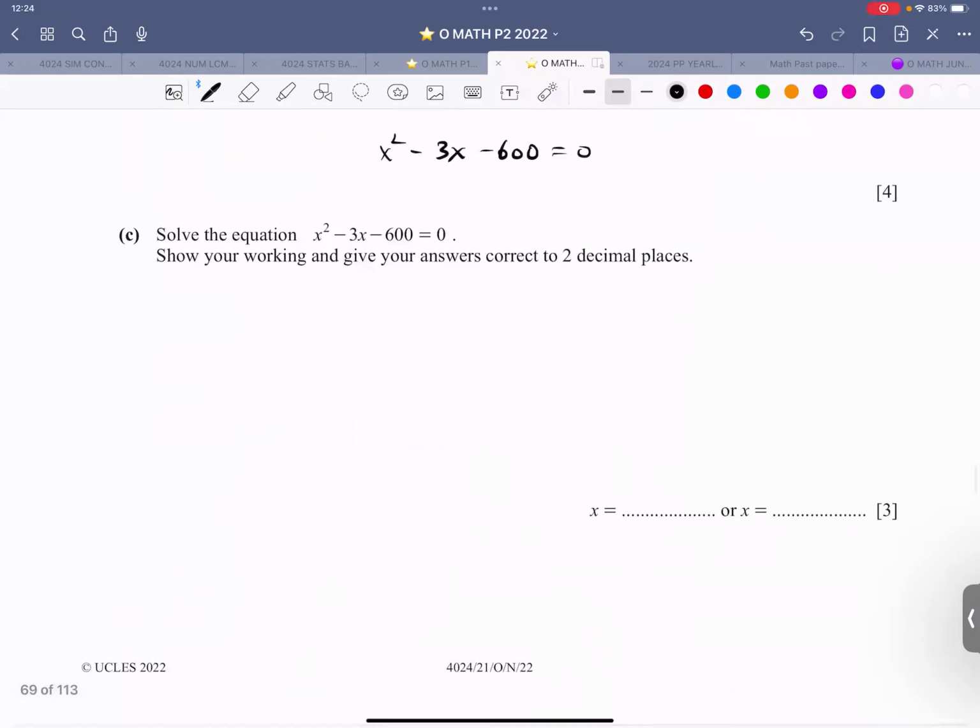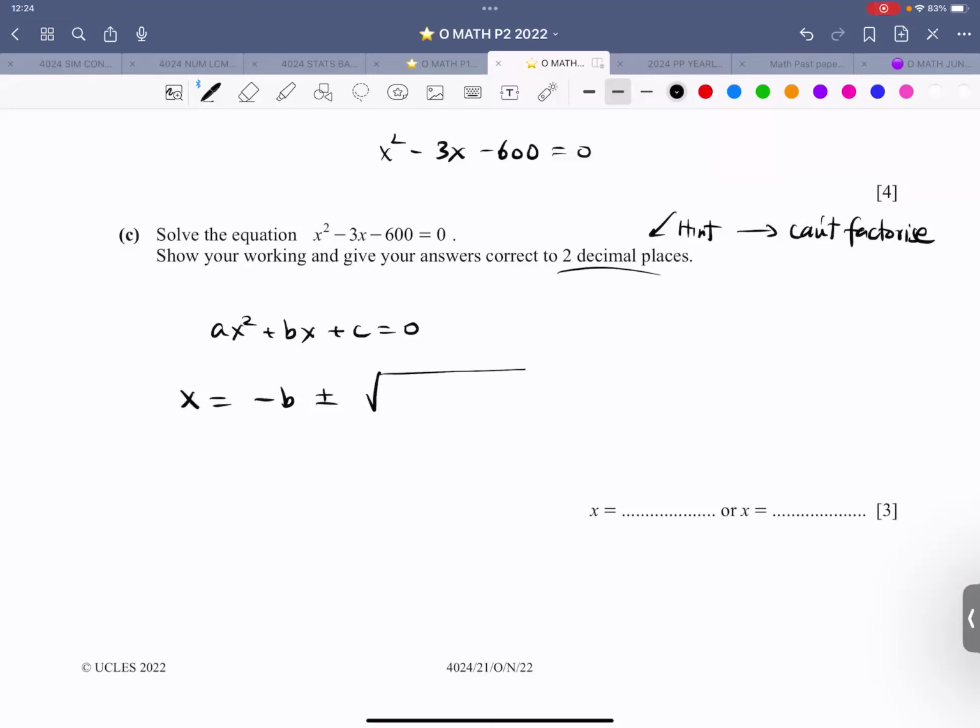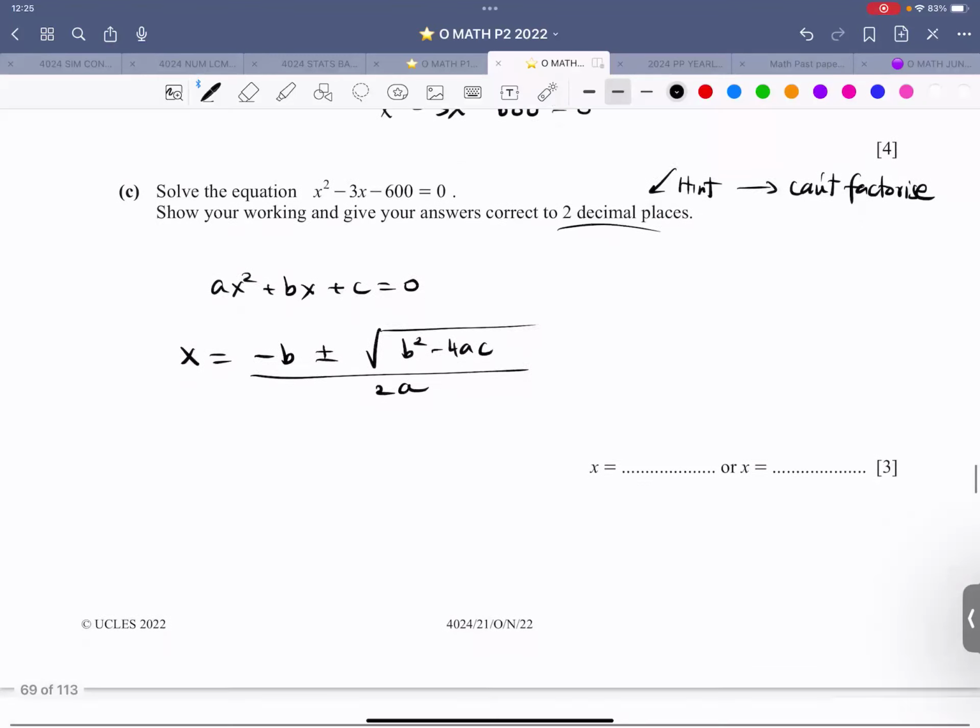Solve this equation. So now we have to use the quadratic formula because this is the hint given. We cannot factorize. Whenever it says give to this many decimal places or this many significant figures, that means you cannot factorize. So ax squared plus bx plus c equals 0. x equals negative b plus minus square root of b squared minus 4ac, the whole thing divided by 2a.